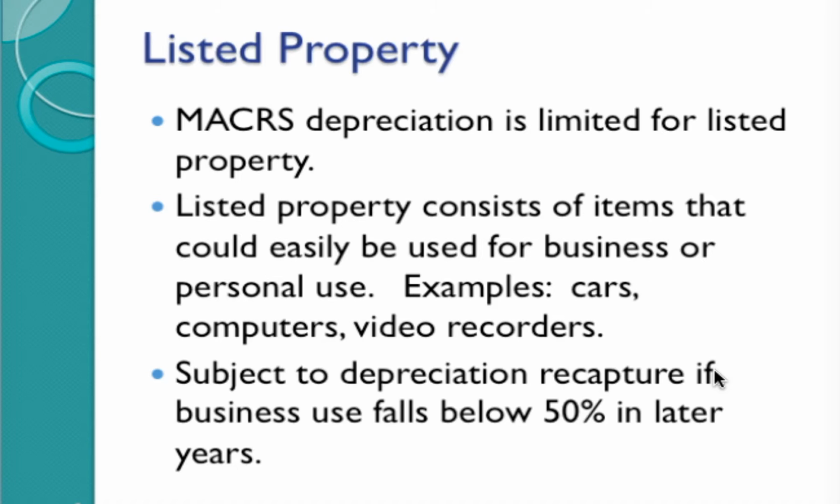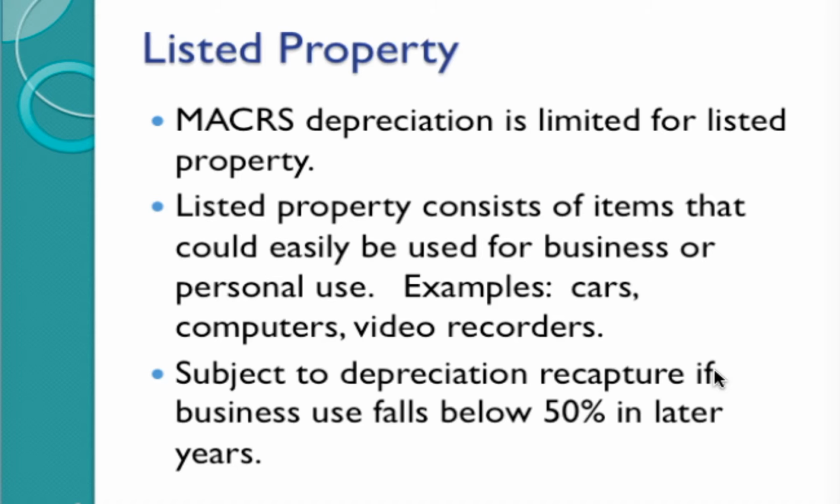The name MACRS suggests that in general, this depreciation system is going to allow you to recognize accelerated cost recovery or accelerated depreciation, and we want to limit the amount of excess depreciation you would be able to recognize if it's an item that is ripe for abuse and basically lying about business versus personal use of that asset. So we're going to take away that temptation by limiting the amount of accelerated depreciation that you can use on items that are ripe for abuse.